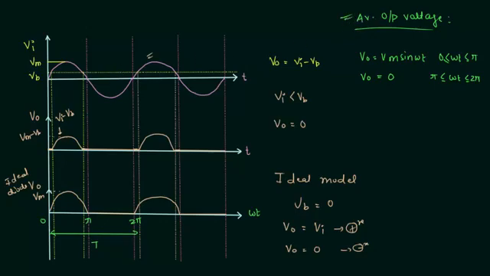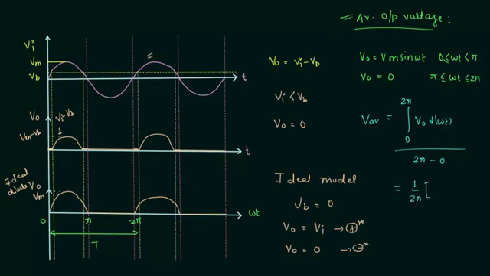So let's do the integration. I will represent the average output voltage by V average, and it is equal to integration from 0 to 2 pi Vo d omega t divided by 2 pi minus 0, and this is equal to 1 by 2 pi.